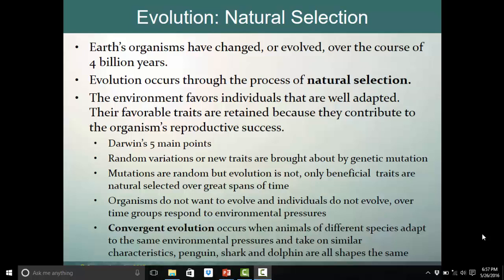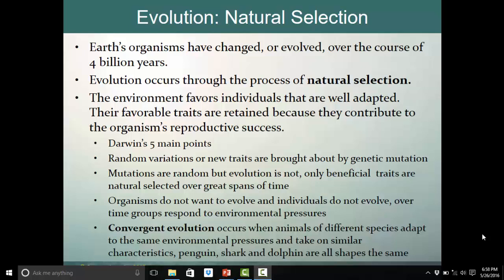Now, there's another concept known as convergent evolution, and that occurs when animals of different species adapt to the same environmental pressures and take on similar characteristics. What are 3 animals in the ocean that want to swim fast? A penguin to avoid orcas, a shark to catch food, and a dolphin to catch food.